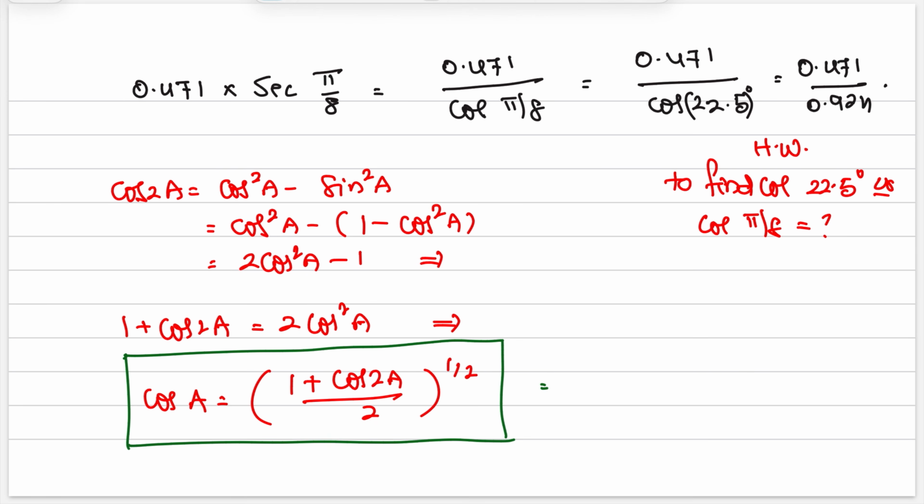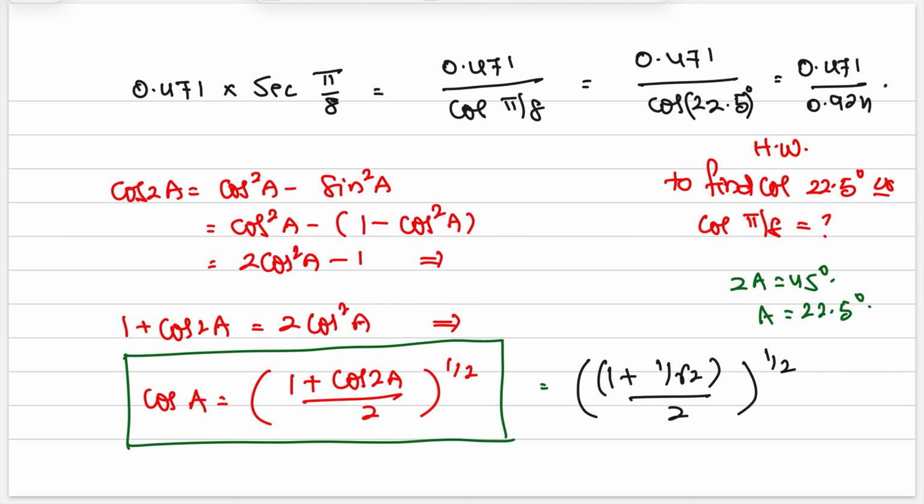Here we know if 2a is equal to 45 degree, then a will be 22.5. This is how we have to find out. Then this will be equal to 1 plus 1 by root 2 divided by 2 to the power of half.